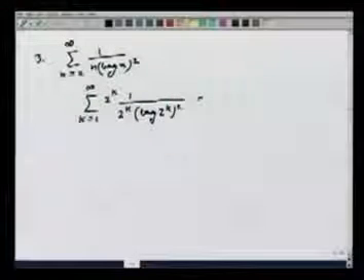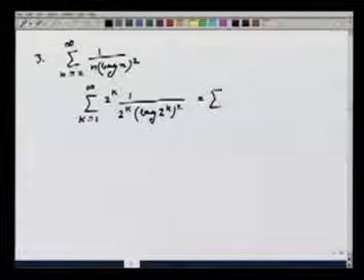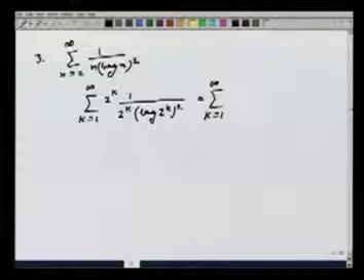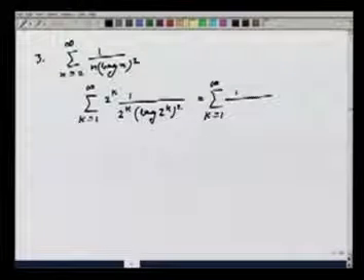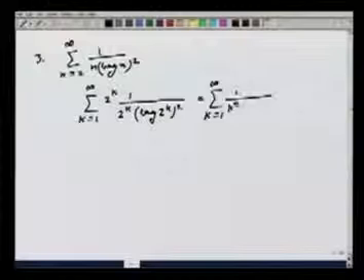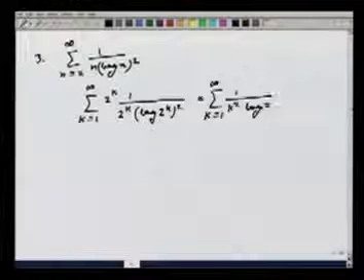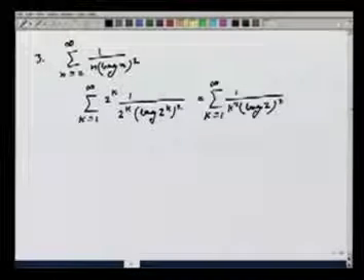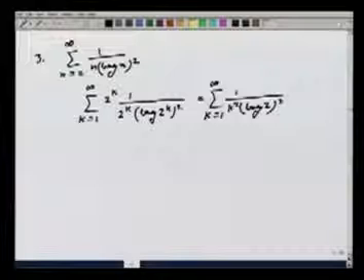So here this then is same as summation k from 1 to infinity 1 by k square times (log 2) whole square. But (log 2) whole square is a constant, so it is just summation of 1 by k square times 1 by (log 2) square. But summation 1 by k square converges, that we have seen, because summation 1 by n to the power p converges if p is bigger than 1.